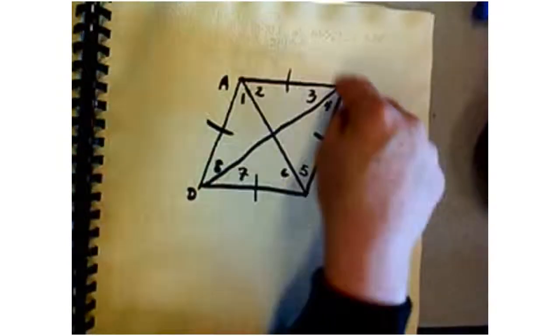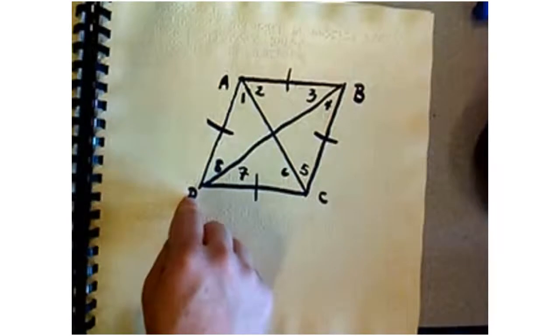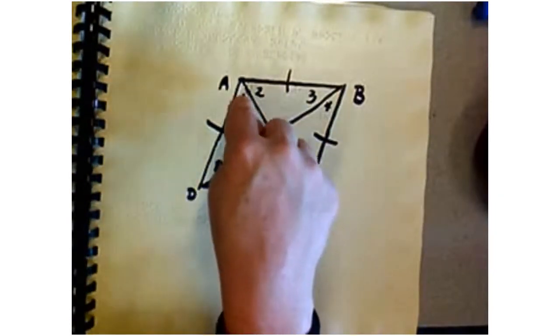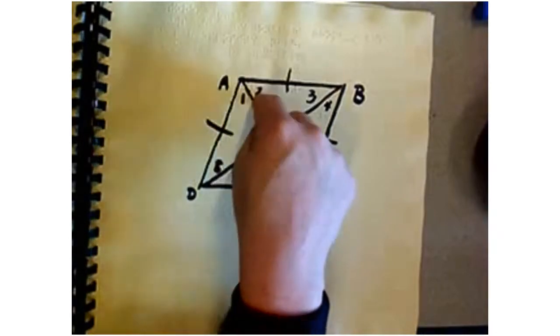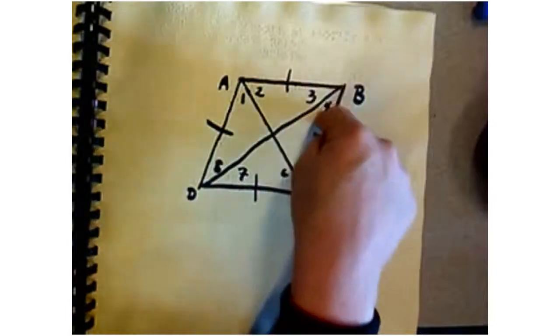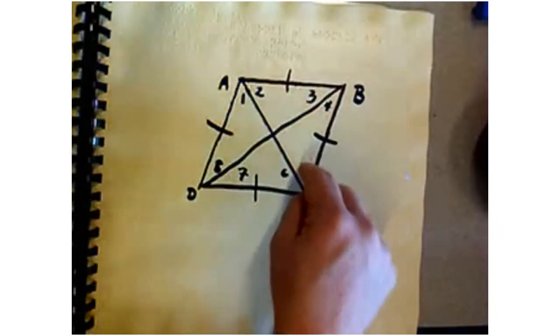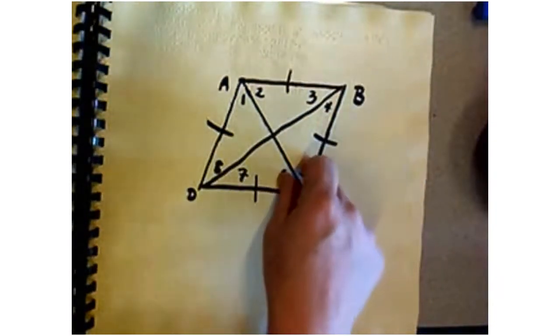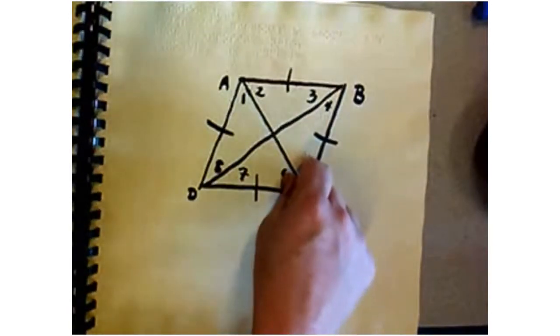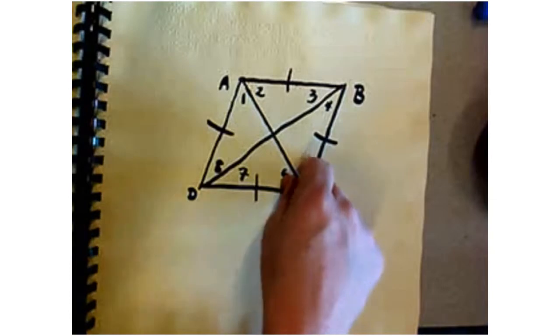So it shows A, B, C, D, a rhombus, the equal sides with tick marks, the diagonals, and then at each vertex it labels the angles: 1 and 2 at A. Those would be equal. 3 and 4 at B would be equal. 5 and 6 at C would be equal, and they would be equal to 1 and 2 because they're opposite angles. Opposite angles of a parallelogram are congruent.